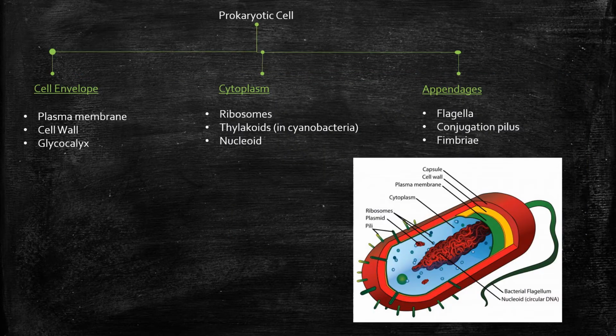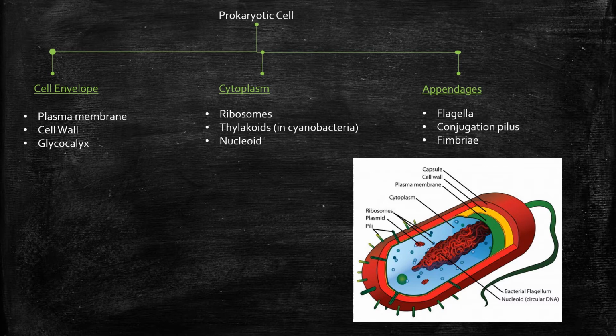So let's take just a moment to look at the structure of the typical prokaryotic cell. It kind of falls into three different categories for what the cell is made up of. The first is the cell envelope, and that envelope contains the plasma membrane, which regulates what comes in and out of the cell.